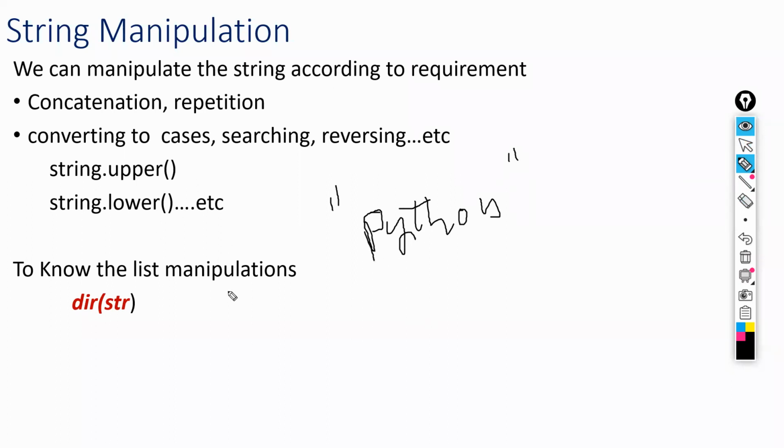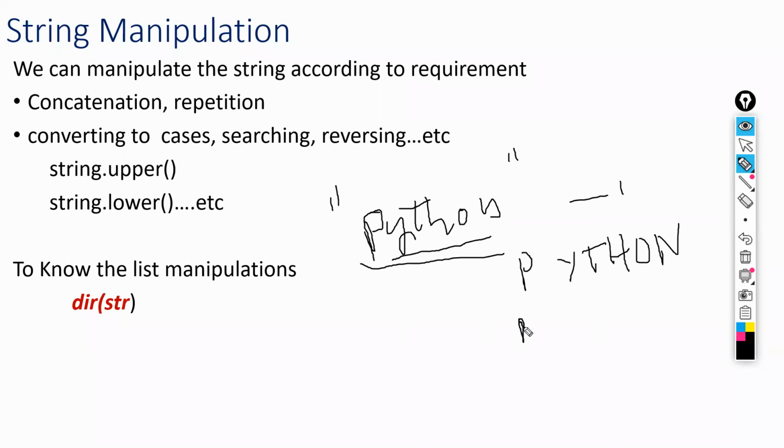Okay. In Python, we can do multiple operations or manipulations on string data. We can make all the letters uppercase, that is P, Y, T, H, all capital letters. And we can make all of them lowercase letters, like small p, y, t, h, o, n.